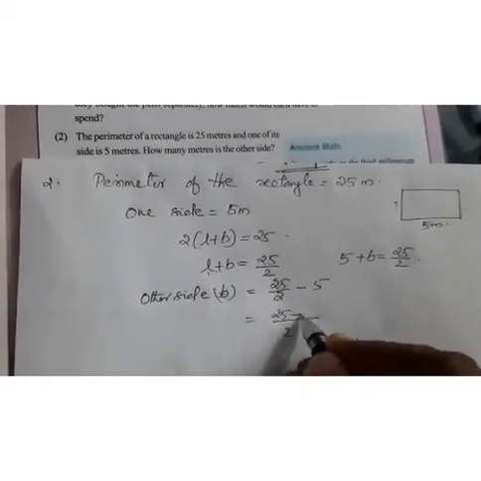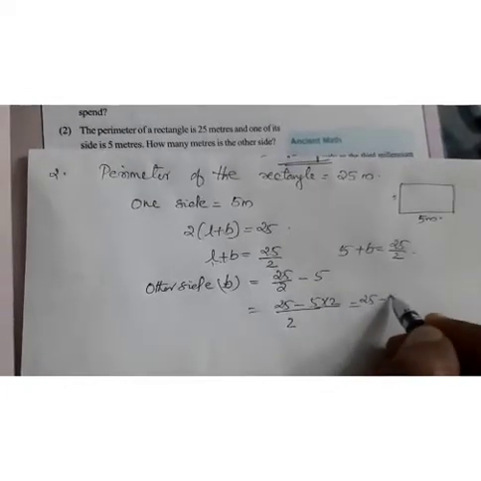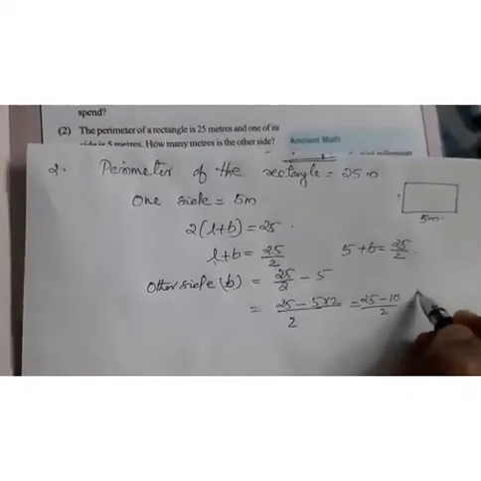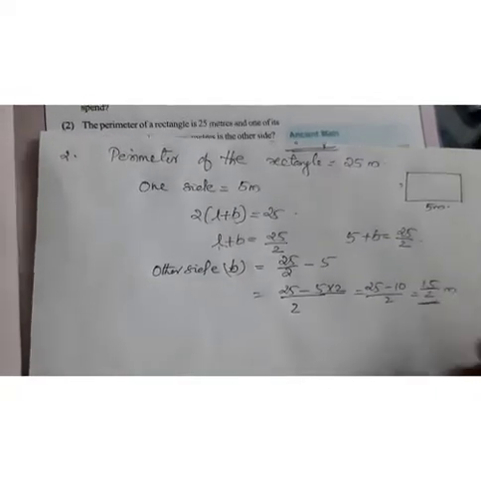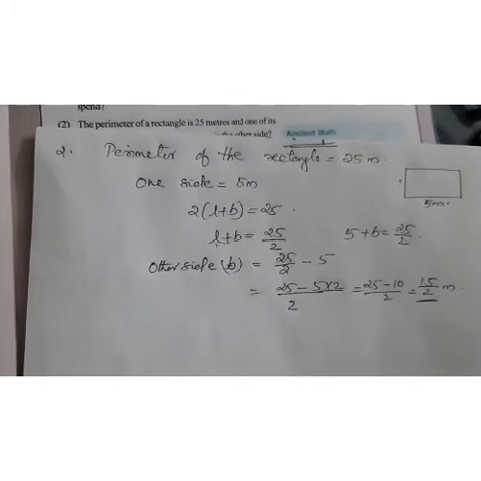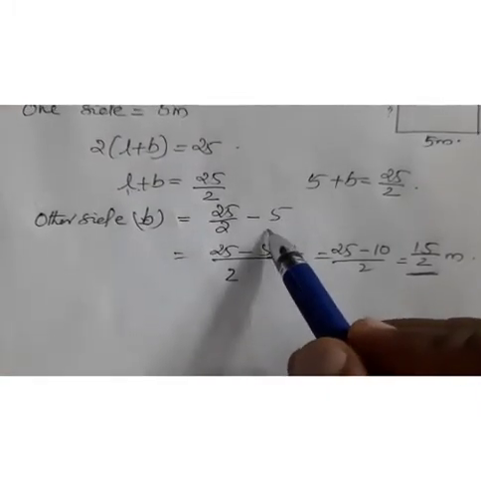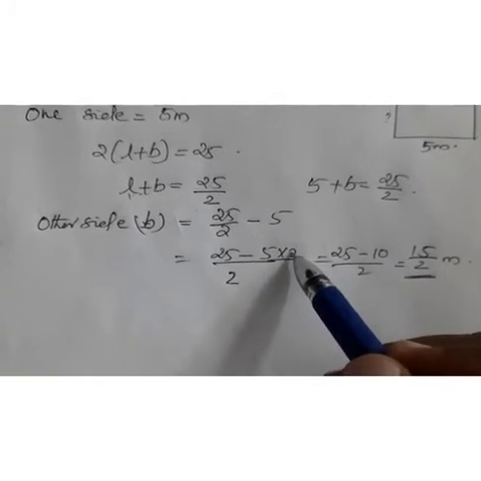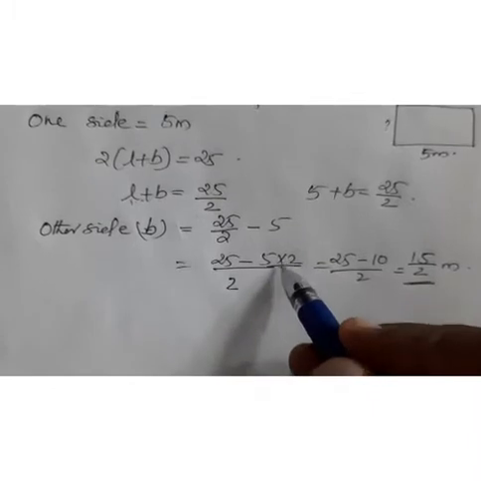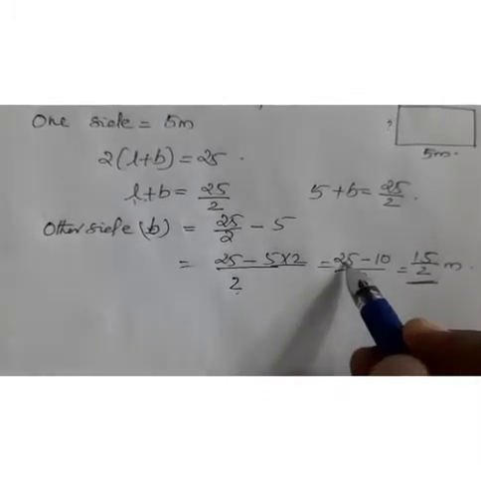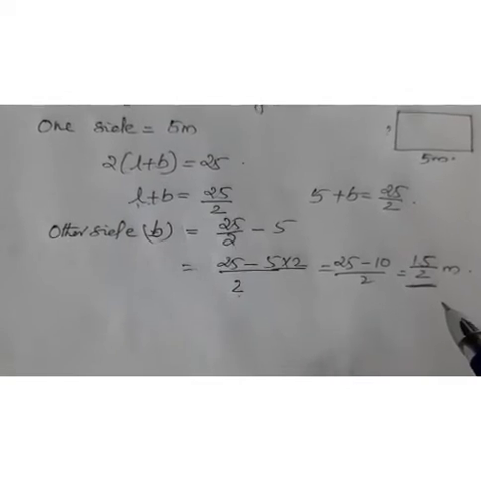So 25 minus 5 into 2 is equal to 25 minus 10 by 2, we will get 15 by 2 meters. For keeping the denominators the same, you have to multiply up also. So 25 by 2 minus 5 into 2 by 2. That is why you got 25 minus 10 by 2 as 15 by 2.